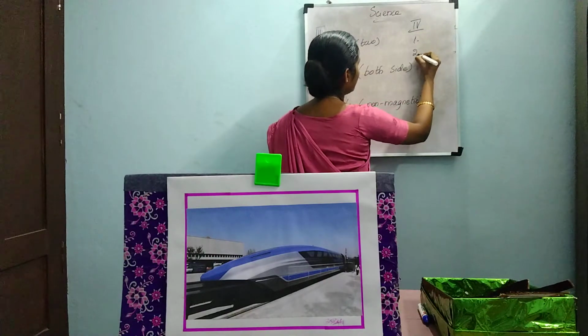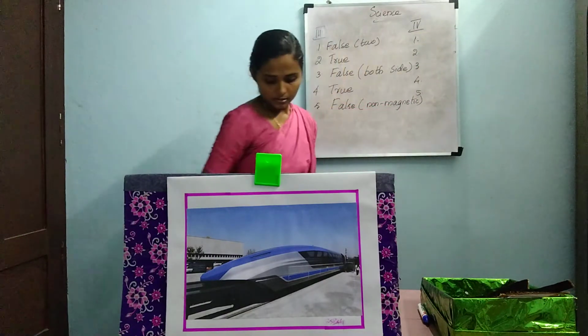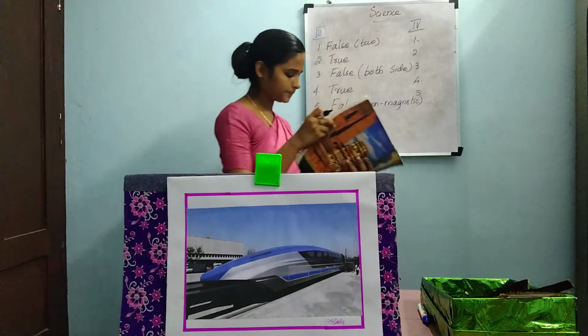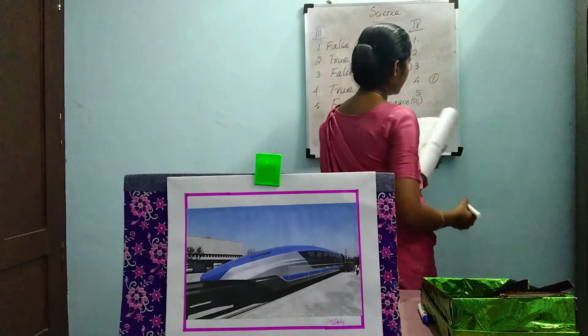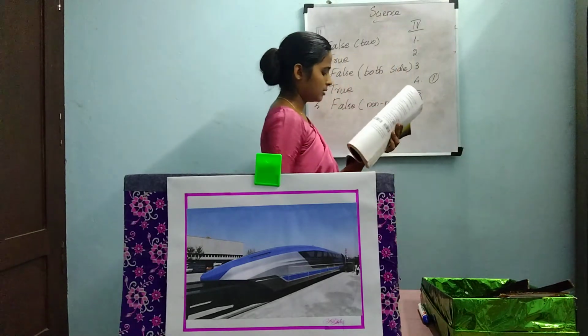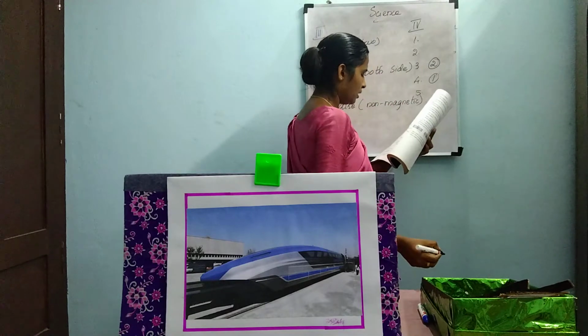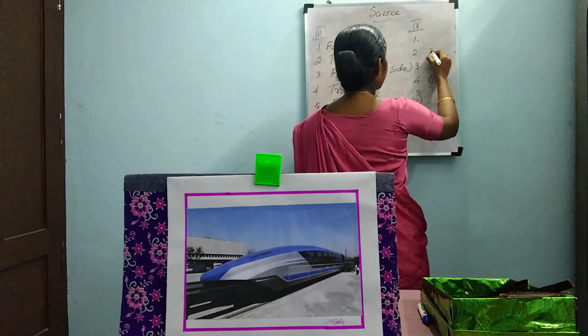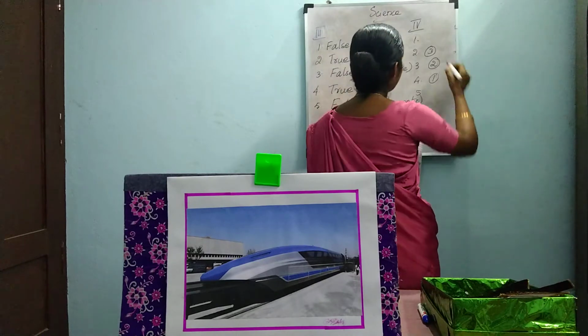And Roman number 4. I'm just writing only the answer. Compass, magnetic needle. Attraction, opposite pole. Repulsion, like pole. Magnetic poles, maximum magnetic strength.